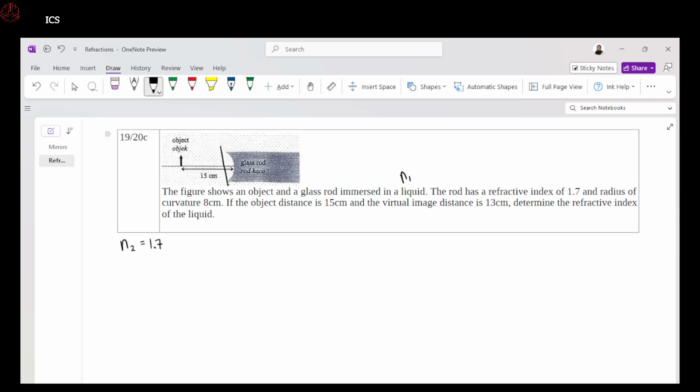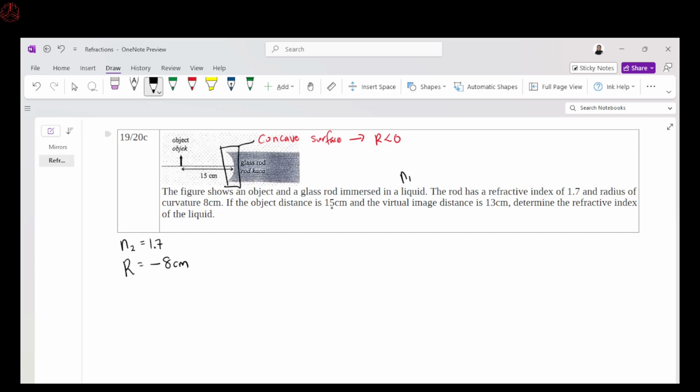We have to be able to identify whether this is a convex or a concave surface. This is in fact a concave surface, which means my r is going to be negative. So my r is negative 8 centimeters.